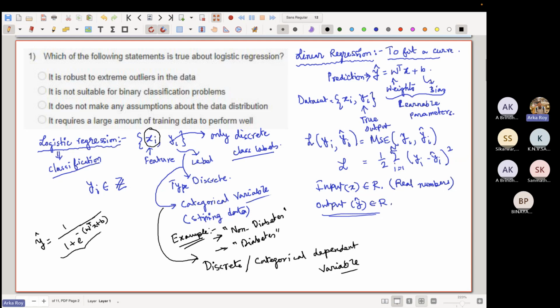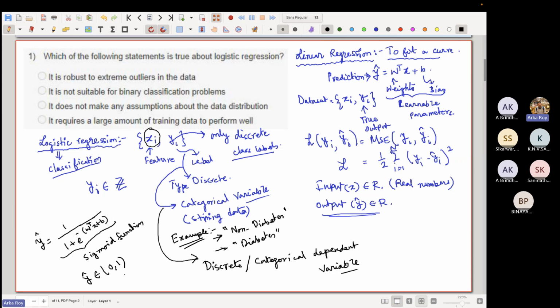So this particular function is a representation of the sigmoid function, and for y hat you map the input to the output in the range of 0 to 1. And I have not kept the closed bracket. I have put parenthesis over here.